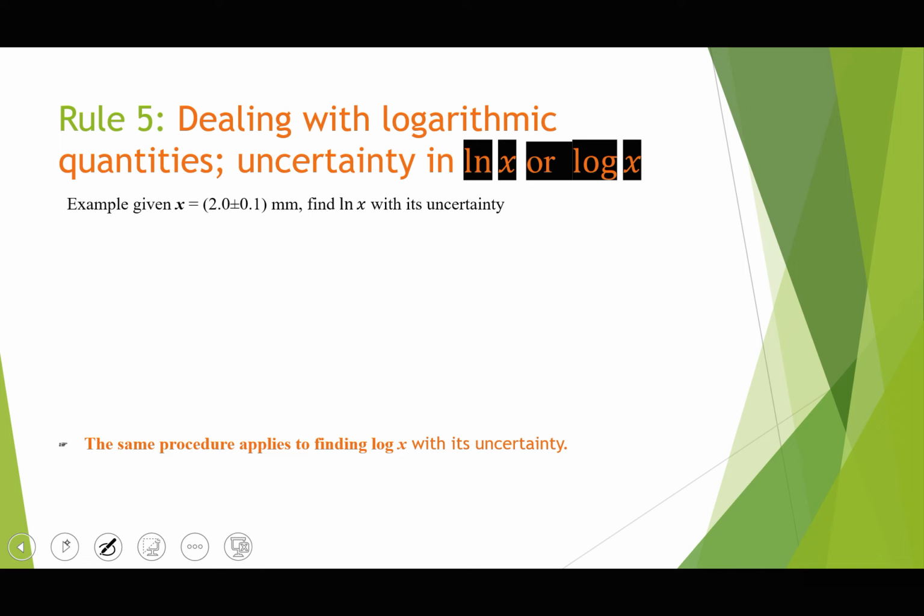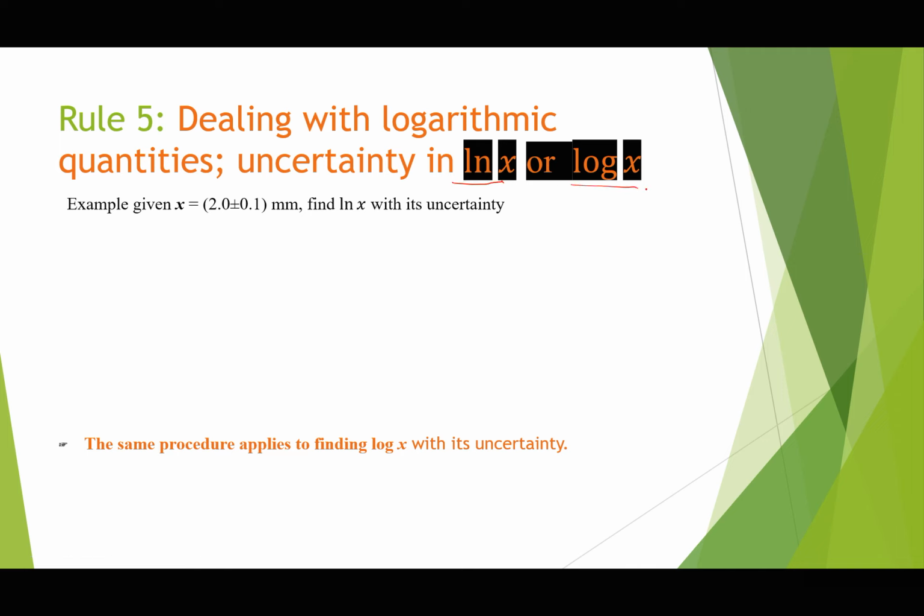But since we want to complete the treatment of uncertainties and errors, we can also talk about dealing with logarithmic quantities. When I talk about logarithmic quantities, I mean ln and log of x.